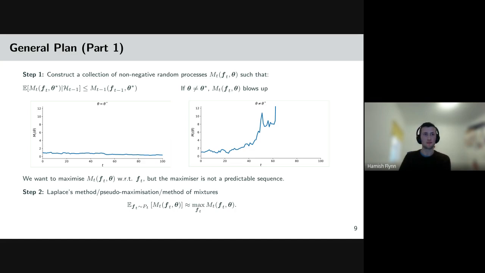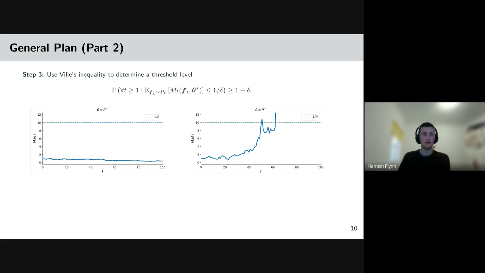So we're happy. And this is why we consider distributions over sequences of predictions. And there's some care required to make sure that this mixture is still a super-martingale when theta is theta star, which we will get to later. So the next step is to set a threshold level that determines how large the mixture mt of theta can grow before we decide actually theta probably isn't in our confidence set.